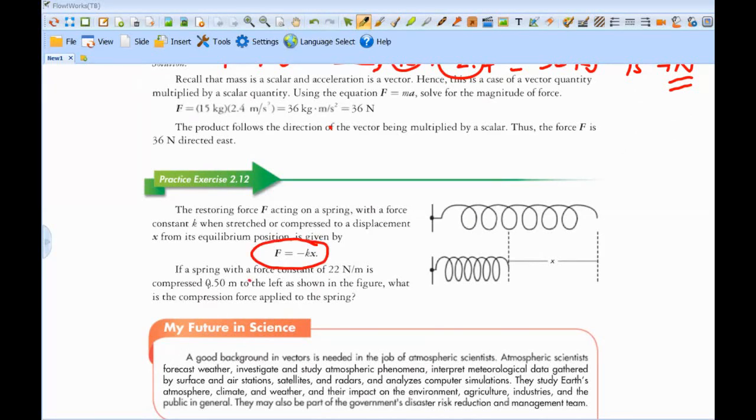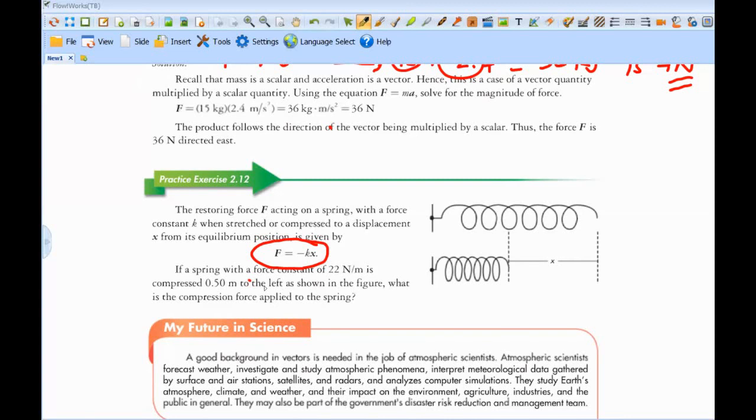So if a spring with a force constant of 22 newtons per meter is compressed 0.5 meters to the left, as shown in the figure, what is the compression force applied to the spring?